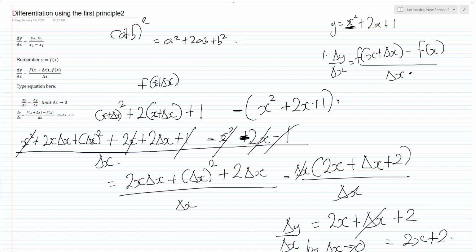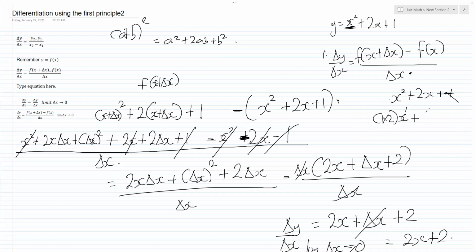And if you want to confirm if it's correct, you can use the quick method. So we have x squared plus 2x plus 1. Remember, all constants become 0. That's the first step. Then we multiply the coefficient, which is 1 here, by the power of x, so we have 1 times 2, and subtract the original power by 1: 2 minus 1 will be x to the power 1.